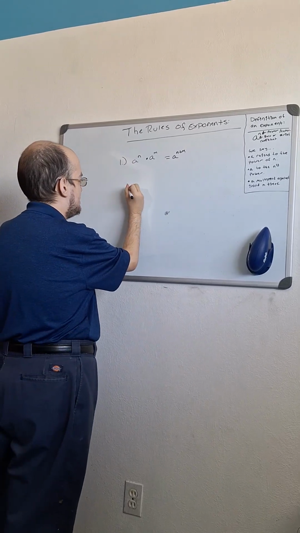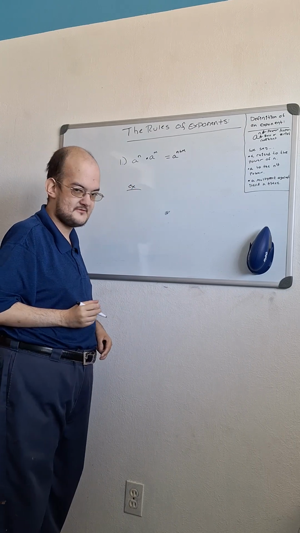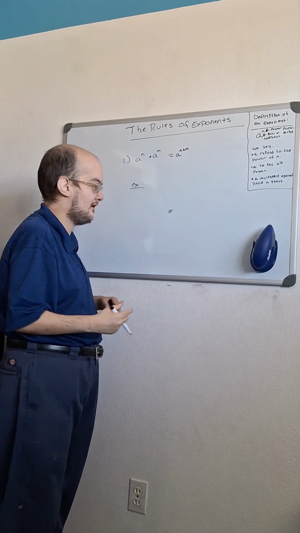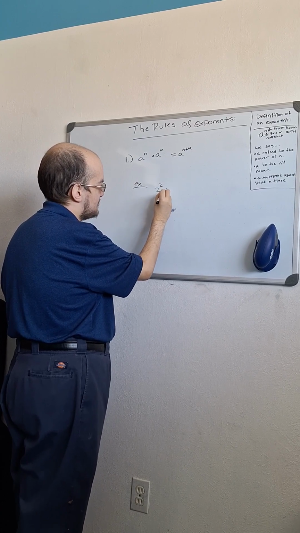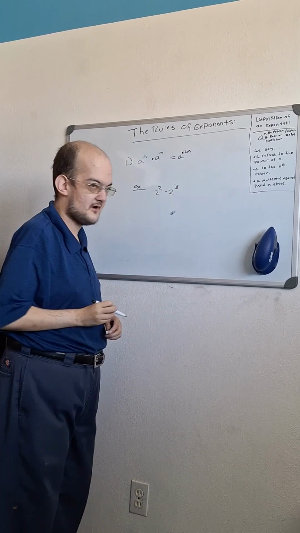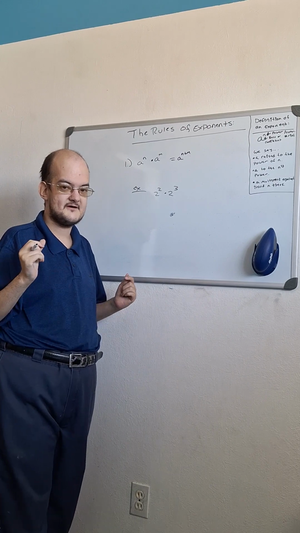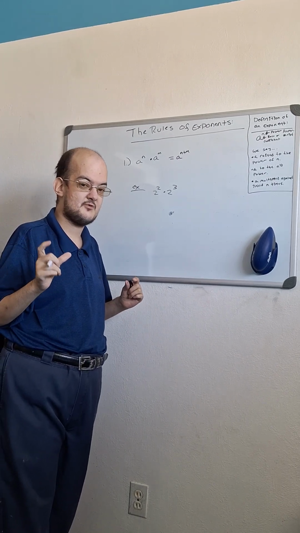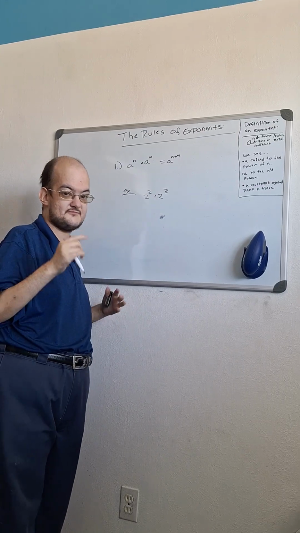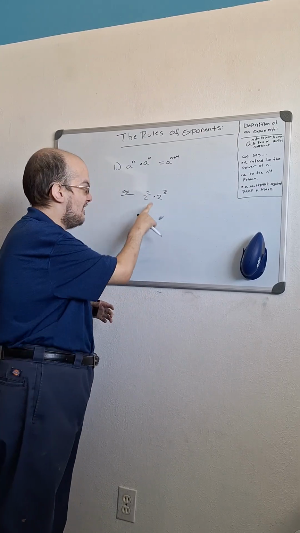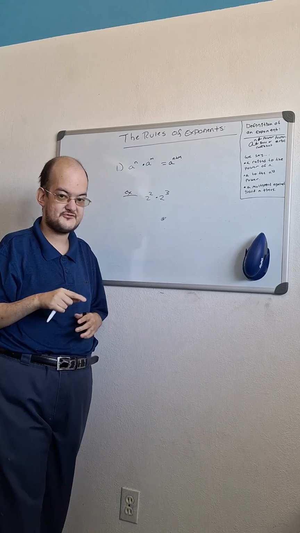Alright, so let's look at a couple of examples, and I'm going to go kind of quick on these. Let's say we have 2 squared times 2 cubed. Notice I used a couple different terms. I didn't say 2 raised to the power of 2 times 2 raised to the power of 3. This means 2 squared.